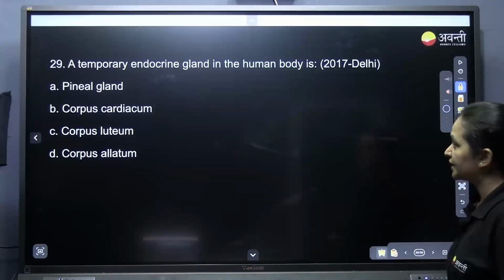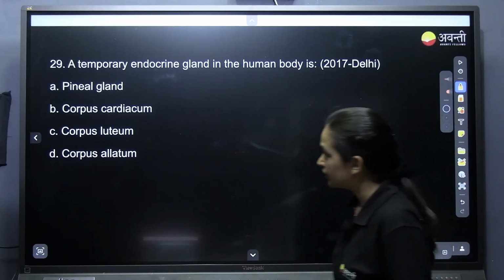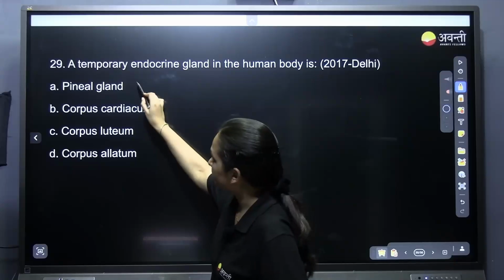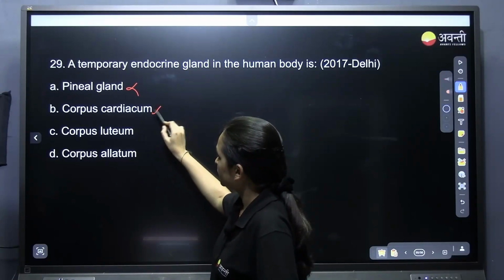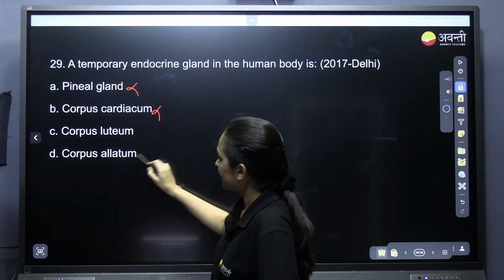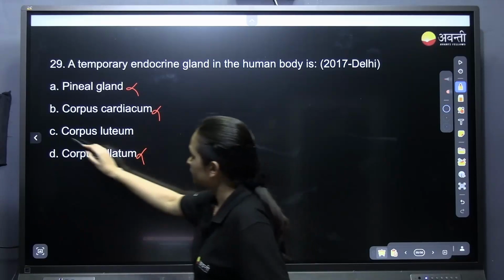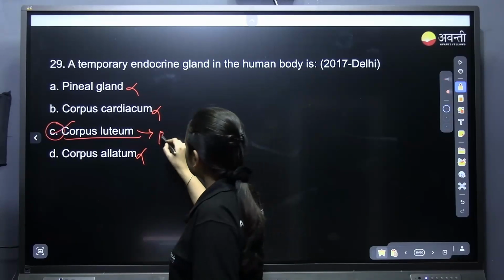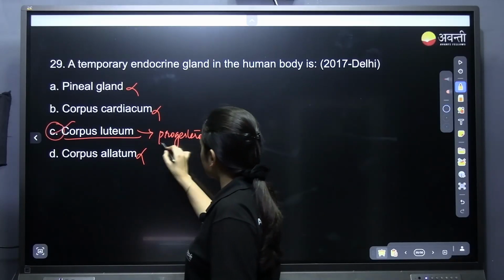A temporary endocrine gland in the human body is? Pineal gland is a pea-sized endocrine gland, which is permanent. Corpus cardiacum, no. Corpus allatum, no. What are these two actually, do you know? Corpus luteum produces progesterone.